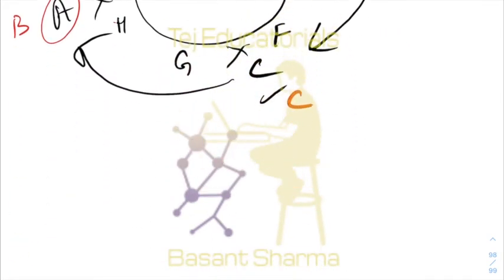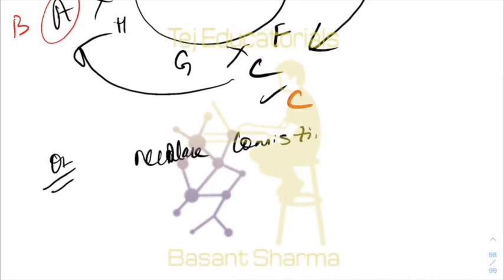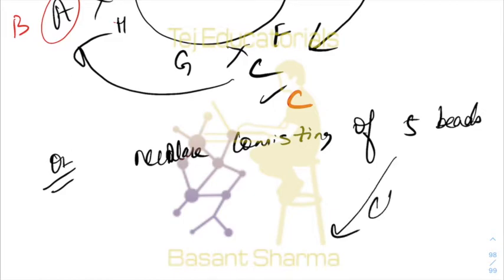Now suppose, let's take another simple example. Suppose I ask you, find the number of ways of forming a necklace consisting of 5 beads, and these 5 beads are to be chosen from 10 different beads.